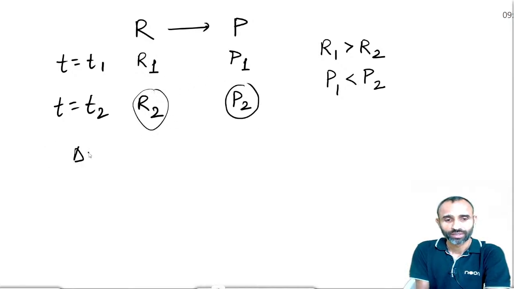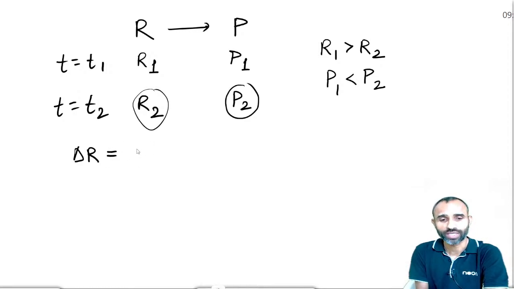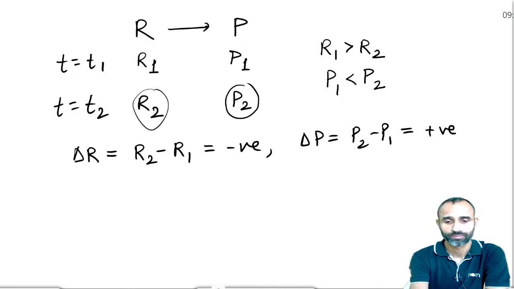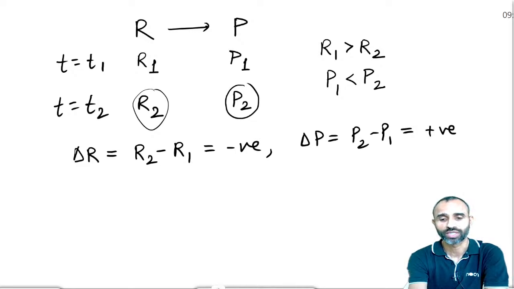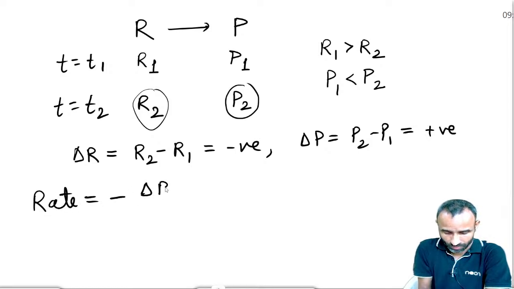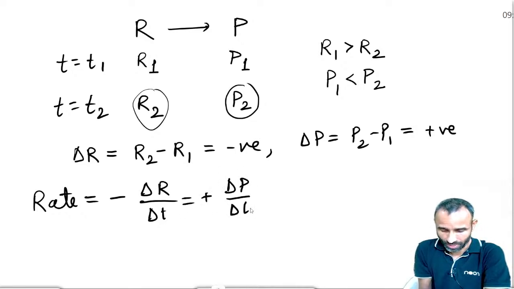That's why change in concentration of reactant, final minus initial, is always negative, and delta P, P2 minus P1, is always positive. In this way, we put a negative sign before the change in concentration of reactant, so that rate of reaction is positive: minus delta R by delta T or plus delta P by delta T.